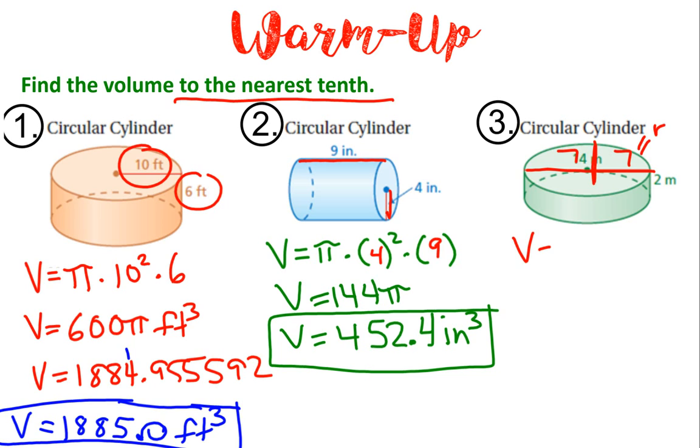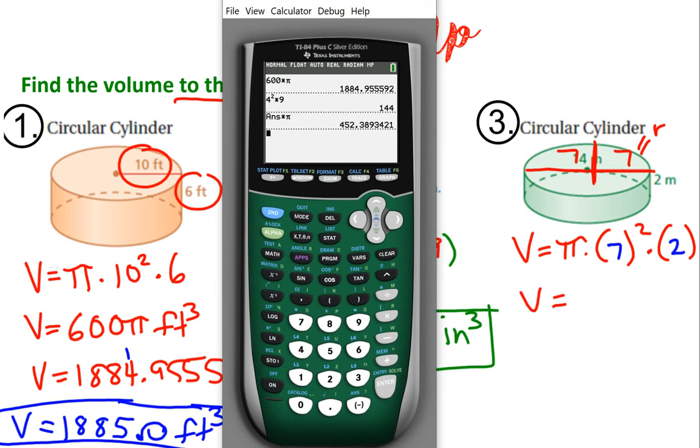So use my formula to fill in my correct values, and for us it's going to be a radius of 7 and a height of 2. So the volume is going to be equal to 49 times 2, right? So 49 times 2, and that's 98, and I still have to multiply by pi.